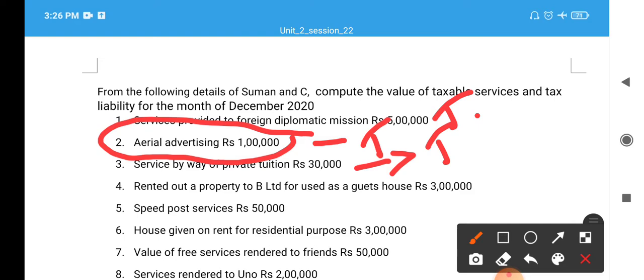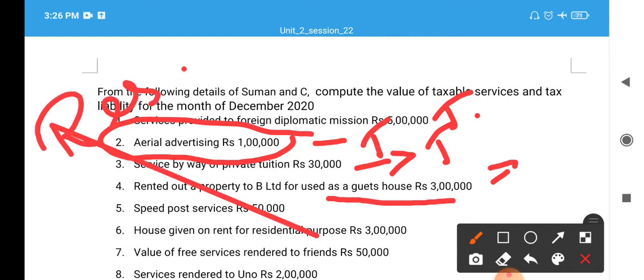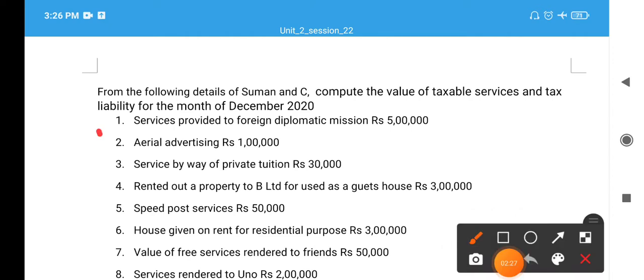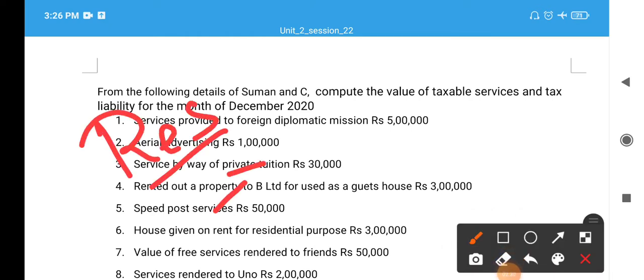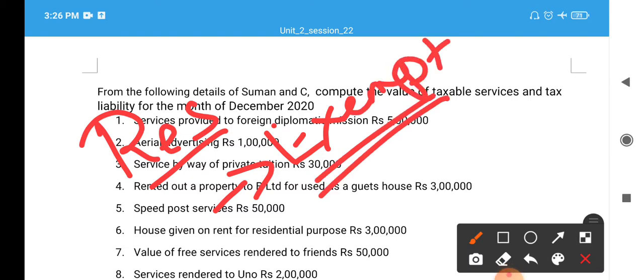Rented out a property to B Limited for use as guest house. Remember one point, if the property is let out for residential purpose, then it is exempt from GST. If you have one property and you give it for rent, and that property is given for rent for residential purpose, for people from families residing in that house, then in such cases whatever rent you receive will be completely exempt from tax.